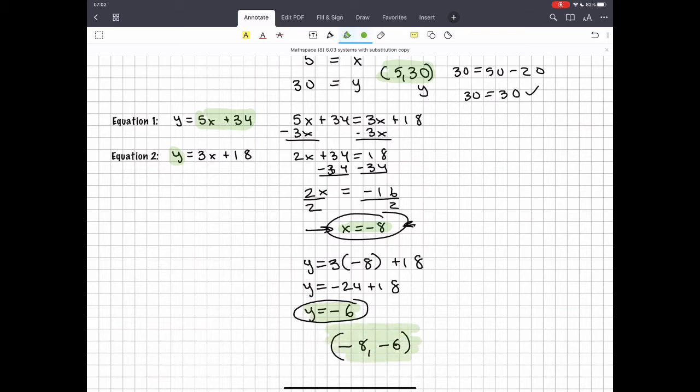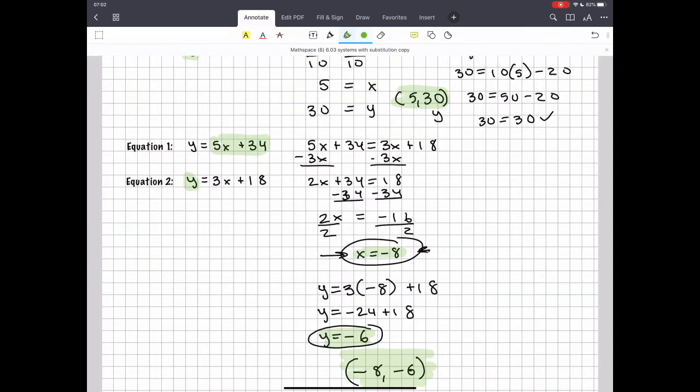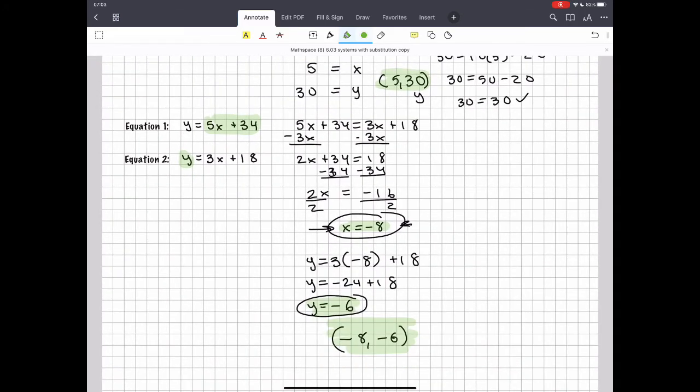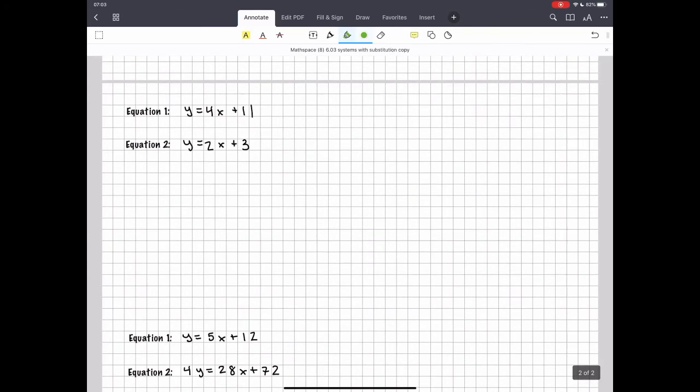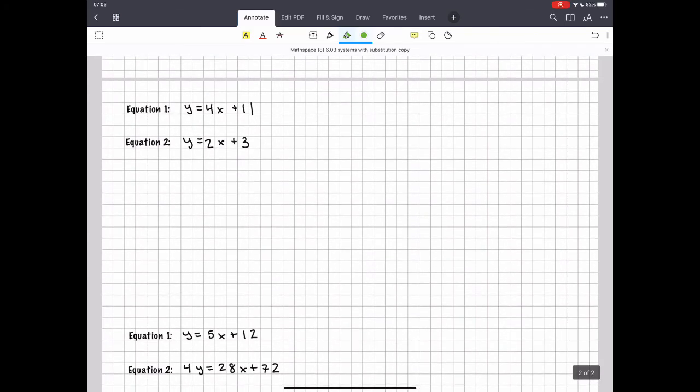And if I was to go ahead and replace the x and the y in equation 1 with -8 and -6, I would see, as in the first two problems that I did, both equations would come out to be true statements. We'll try this 2 more times, and then you can get working on the practice.